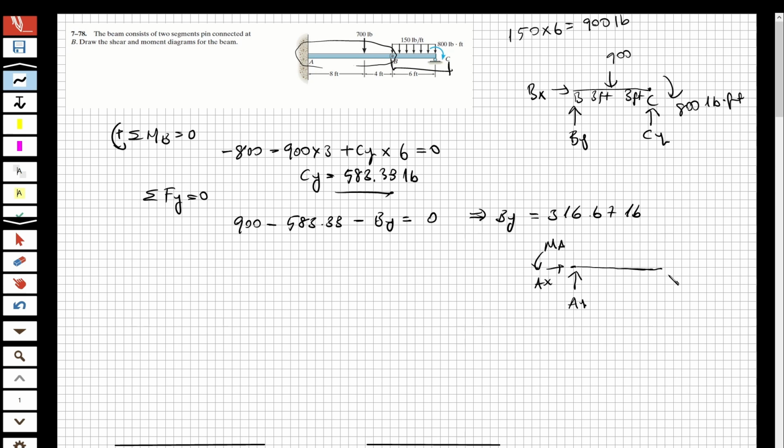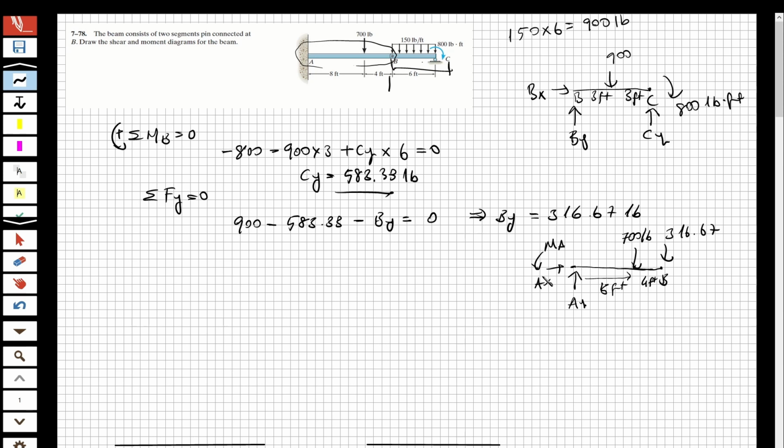I have a moment here, and this is going to be point B, from B to C. If the B is upper direction, for the A to B, it's going to be a downward direction. So this is going to be By, 316.67, and I have a force here at 8 feet. This is 8 feet, and this is 4 feet, and this is 700 pound.